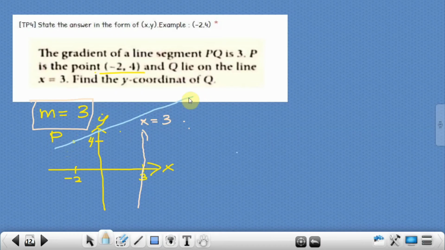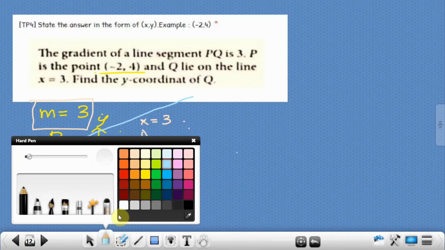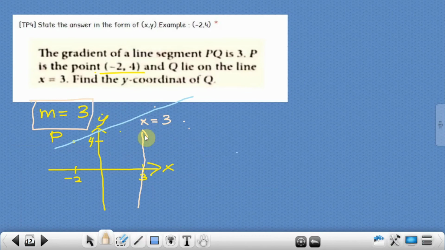It cannot incline down. So it brings us to the conclusion that point Q lies here.